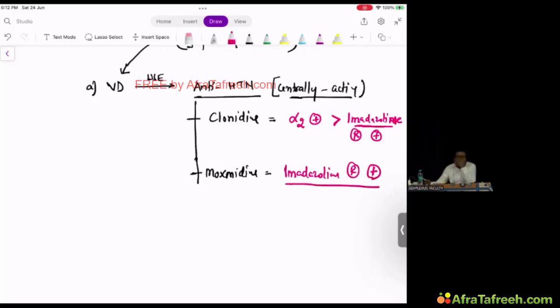So centrally acting antihypertensives are of two types: drug which acts predominantly on alpha 2, that is clonidine, and drug which acts predominantly on imidazoline receptor, that is moxonidine. Both are presynaptic receptors in CNS, both cause vasodilation.